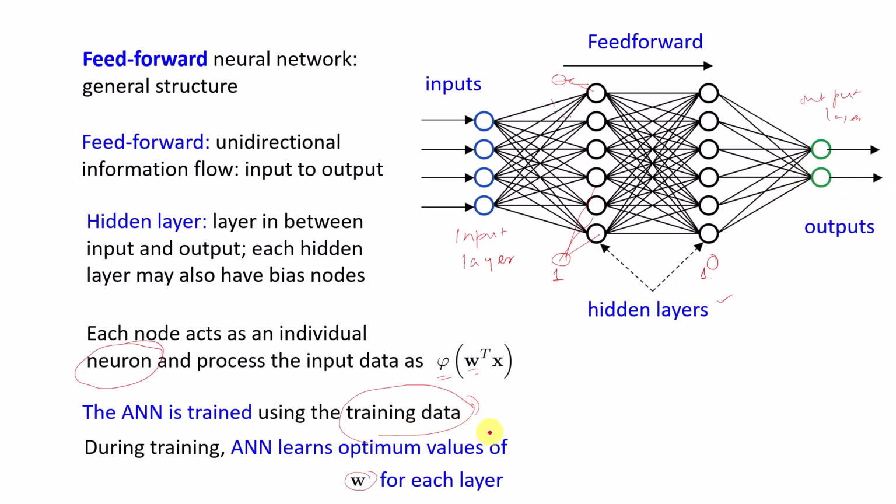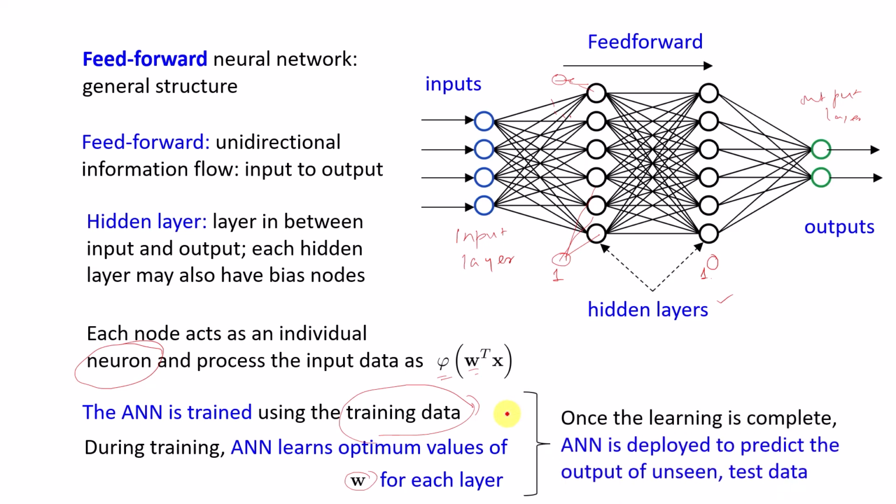Once I hit the optimum value of the weight vector, the training of the neural network is done, and at that point I can deploy the neural network to predict the output of unseen data, or what we call test data, the data for which we don't know the output. Once the training is done, I can put that kind of data with unknown output as input and I can get the output, so it can now solve a real problem.